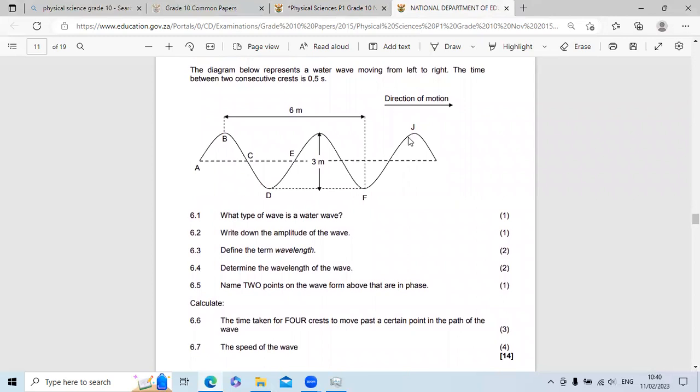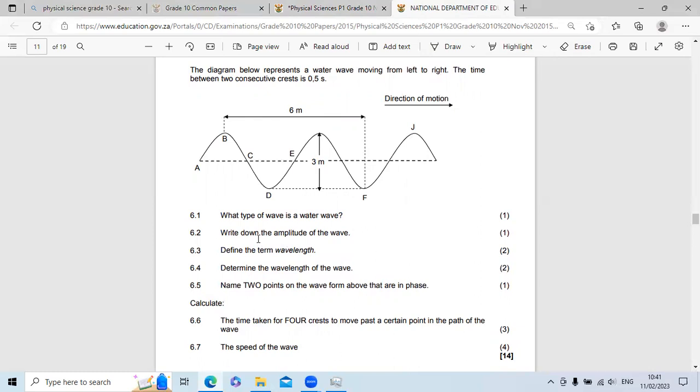They say the diagram below represents a water wave that's moving from left to right, and the time between two consecutive crests is 0.5 seconds. And then they give you the distance from B to F, and the distance from D from down here to here.